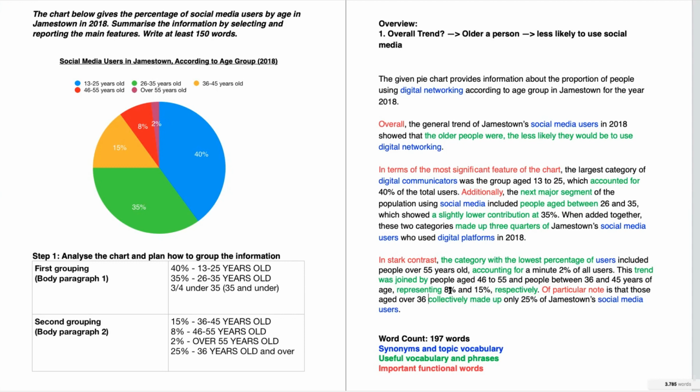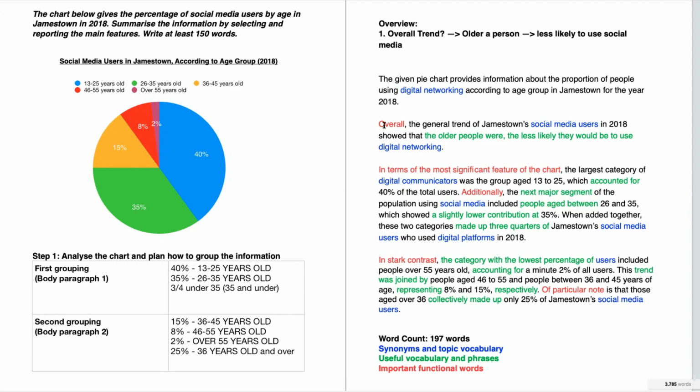So 8% goes to 46 to 55, and 15% goes with 36 and 45 years old. So these two percentages match up with our ages respectively. This really joins it in very nicely. And then collectively made up, again, using this phrasal verb, I'm talking about how all of these three segments altogether collectively made up 25%.